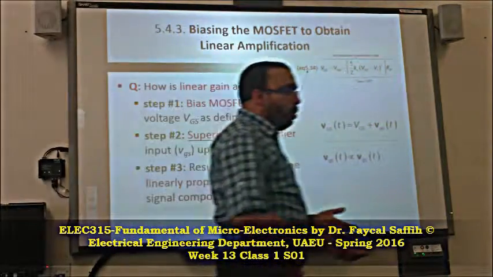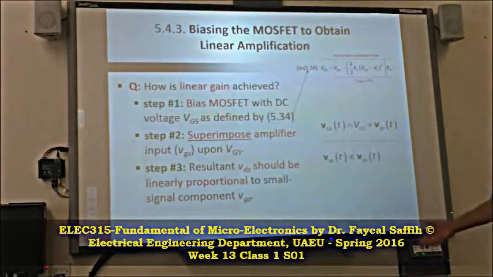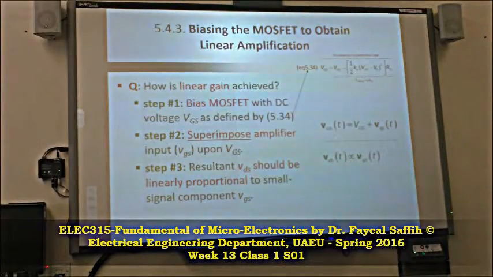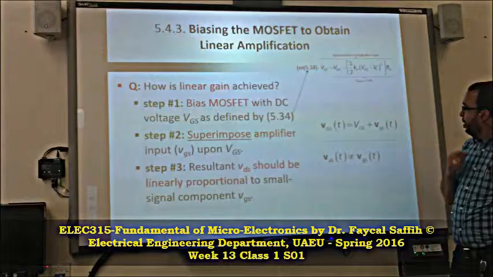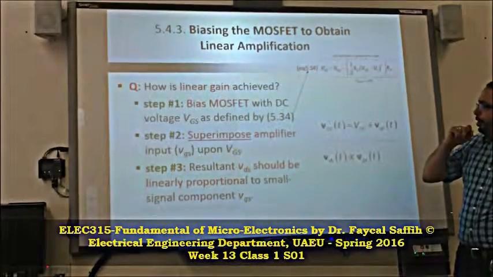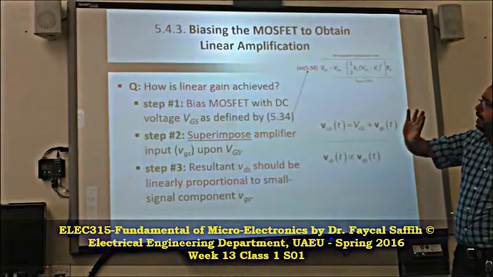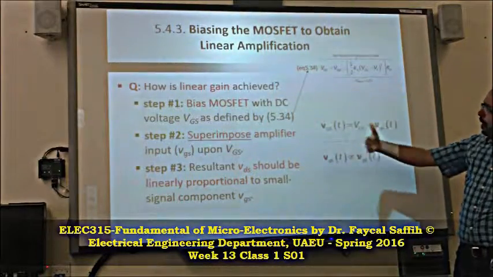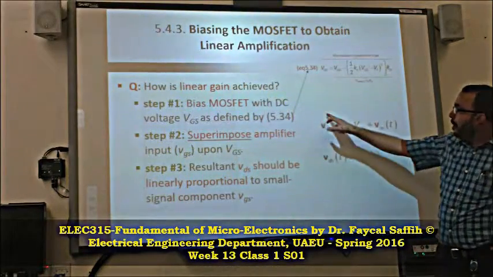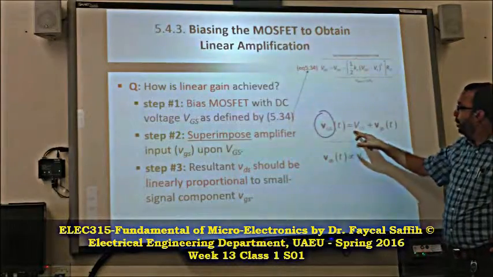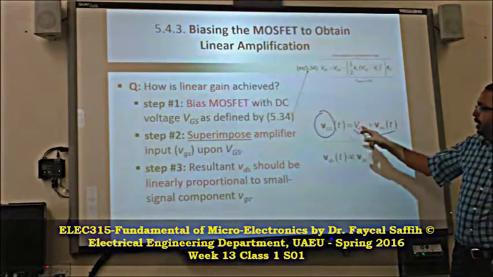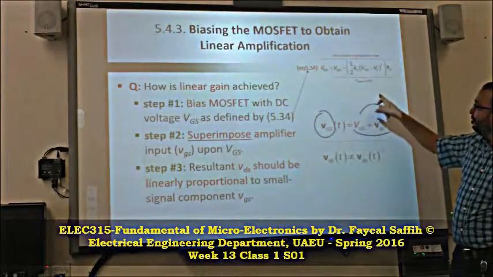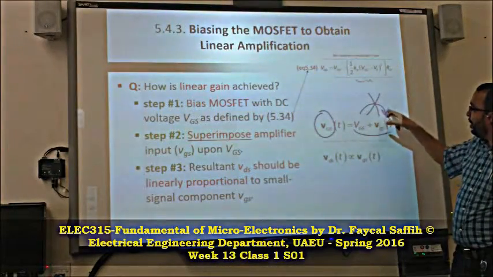Okay, good. So this is the graphical way. Now we get to the analytical way. In this case, what we need to do is express everything with the right notation. Meaning, VGS, I'll have to write as DC plus AC. My DC is not time dependent.